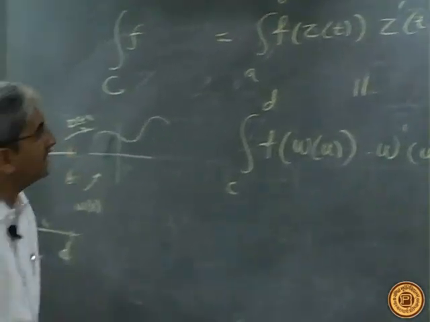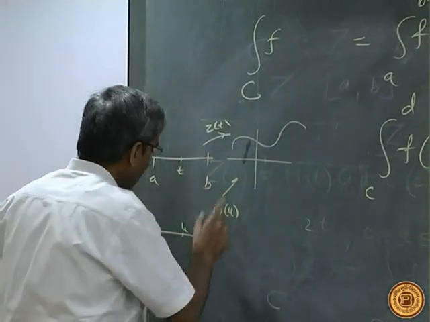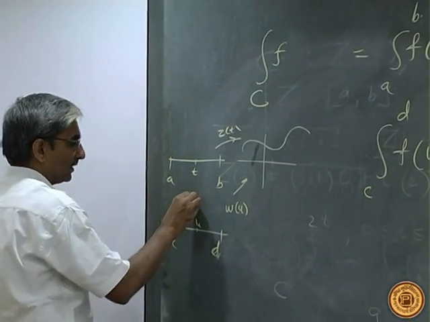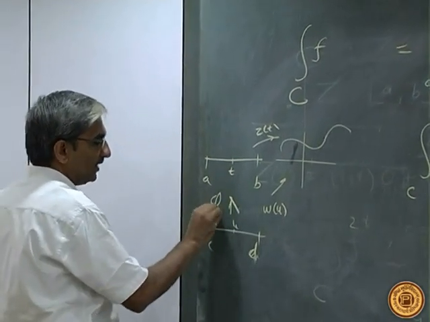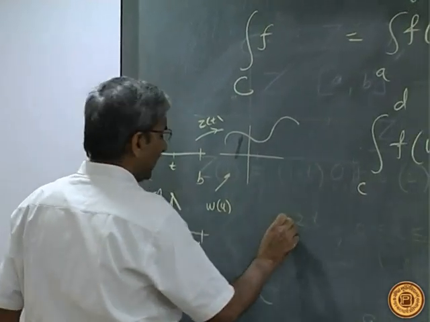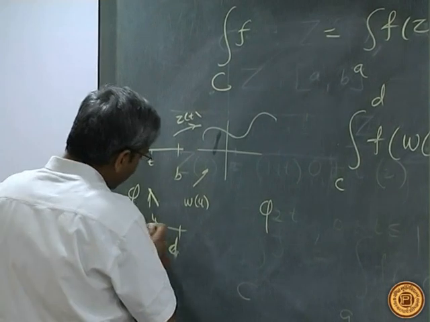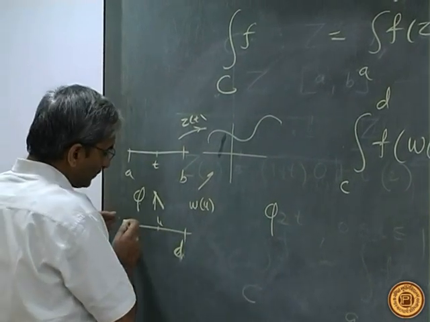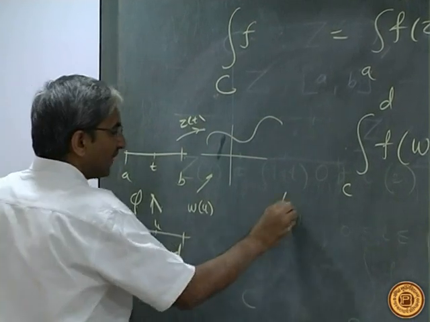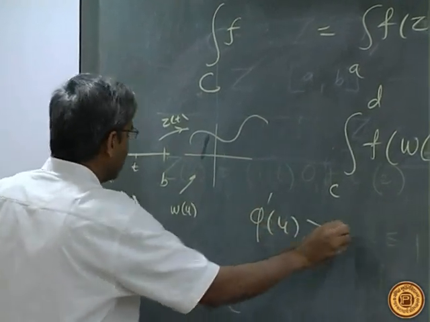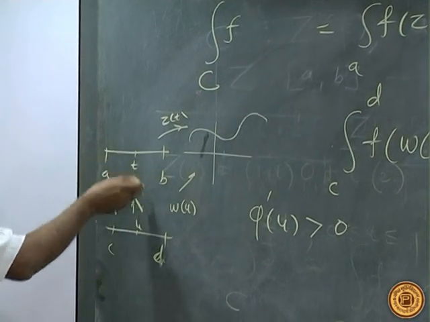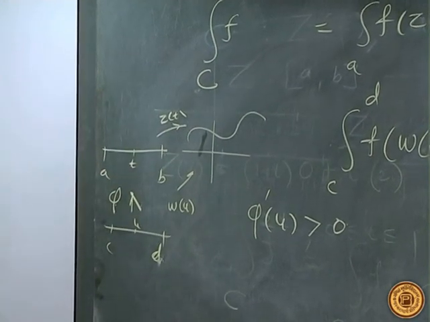In this situation there is a transition map which goes from this interval to this interval, that is phi. Since phi'(u) is positive, as u varies from c to d, t varies from a to b. That is, phi is increasing: as u increases, t increases.